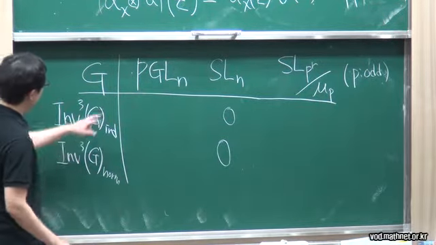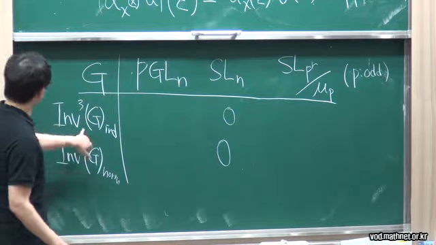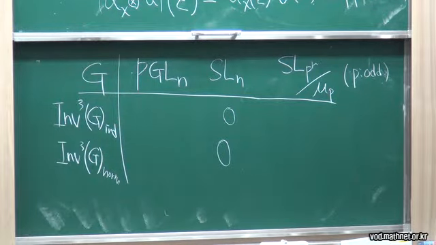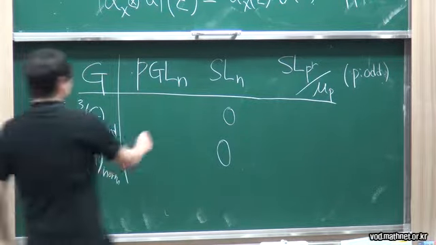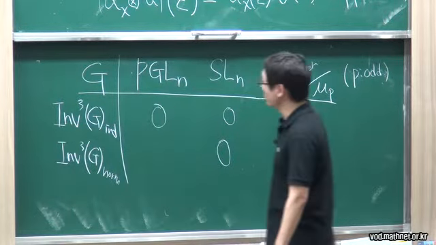For PGLn, one can compute this factor group. Then this numerator is indeed generated by some multiple of this quadratic form. And this is also a multiple of this quadratic form, and indeed they are the same. So there is no indecomposable invariance.